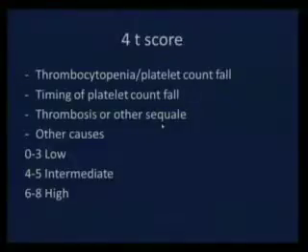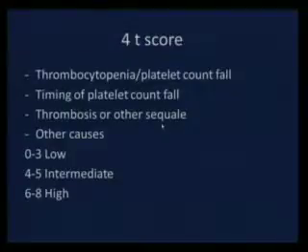Timing of the platelet count fall is taken into consideration. Thrombosis like skin necrosis, skin thrombosis, that's taken into account. And other causes, for example, if we have a definite cause of thrombocytopenia, then it's 0 points. If the patient has 0 to 3, it's low; 4 to 5 is intermediate, and 6 to 8 is high.